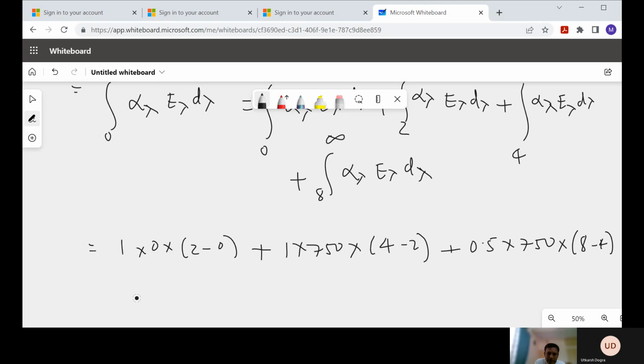And the last term will be again 0, isn't it? So ultimately this term becomes 0 and the last term becomes 0. So only these two terms are remaining. So if we calculate the value, this comes around 3000 watt per meter square.